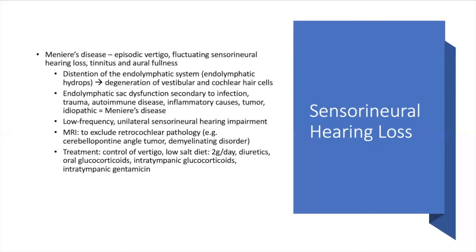Diuretics, a short course of oral glucocorticoids, intratympanic glucocorticoids, or intratympanic gentamicin may also be useful adjuncts in recalcitrant cases. Surgical therapy of vertigo is reserved for unresponsive cases and includes endolymphatic sac decompression, labyrinthectomy, and vestibular nerve section.